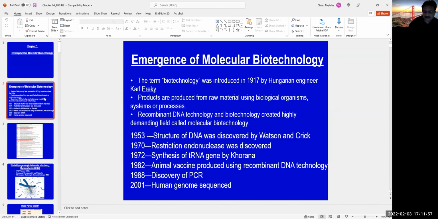Before that, in 1953, the field was mainly called genetics, right? People used to look at the chromosomal level, and they descended from Mendelian genetics or Mendelian principles.